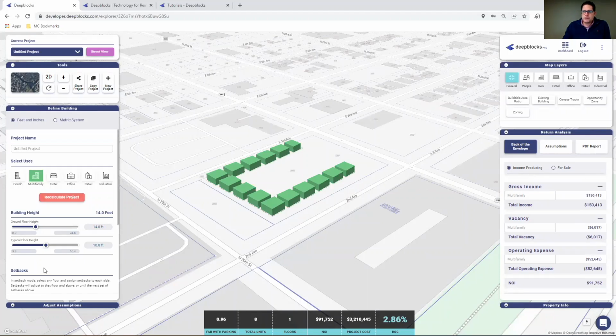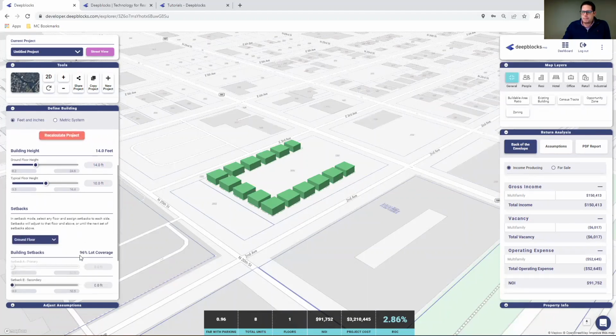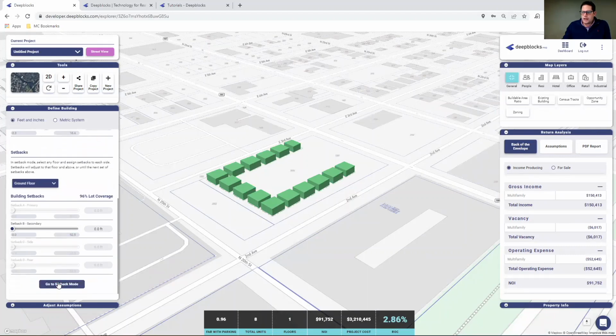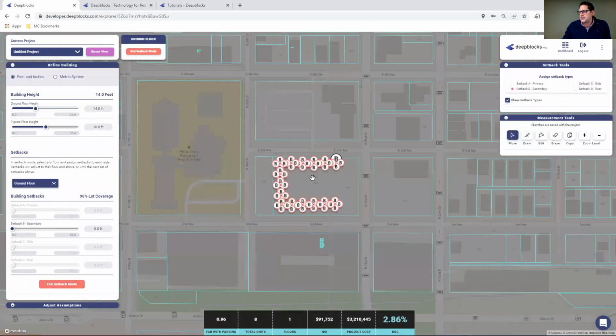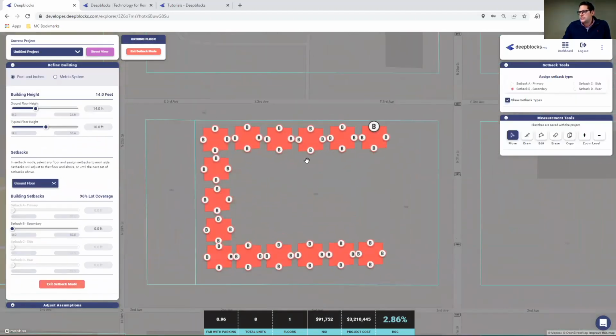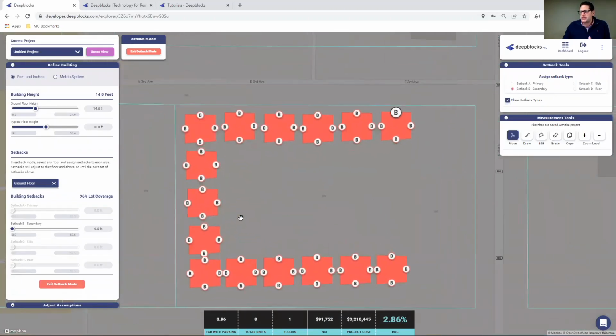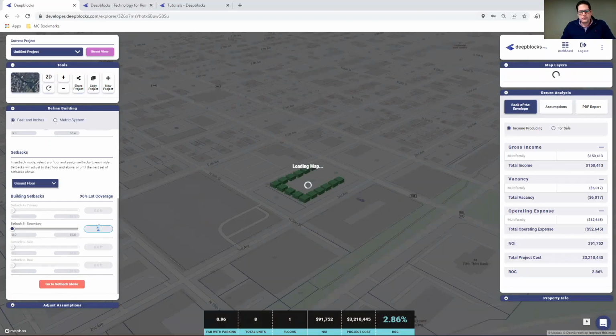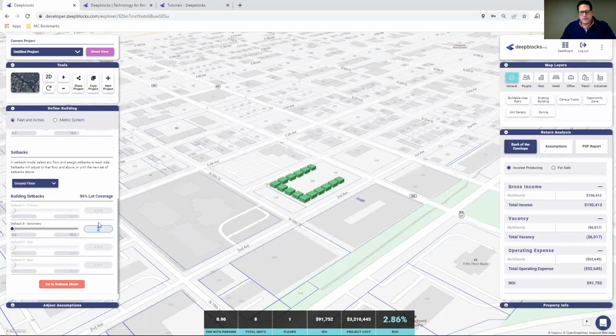One of the first things we could do is enter in some setbacks. We can get real specific, and actually assign unique setbacks for every single side here. I will show you that again on an example I've already done, where you can literally go in and uniquely identify each side. But just for the sake of time, I'm going to put in a general number of, say, 10 feet.